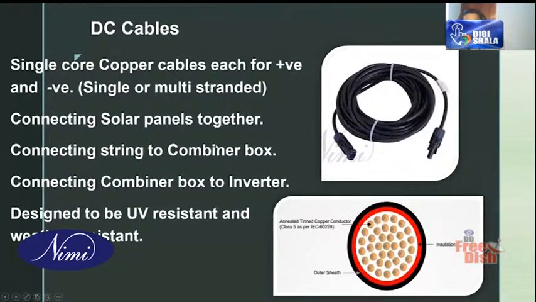It can be single strand or multi-strand, but core type is single core only. So this is one positive wire. Like this one, negative wire will be there. So here this is the conductor, copper conductor. Then the insulation, and to protect from mechanical problems, this is the outer sheath. Okay.